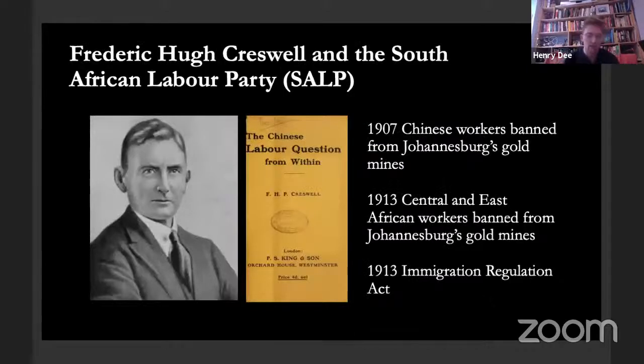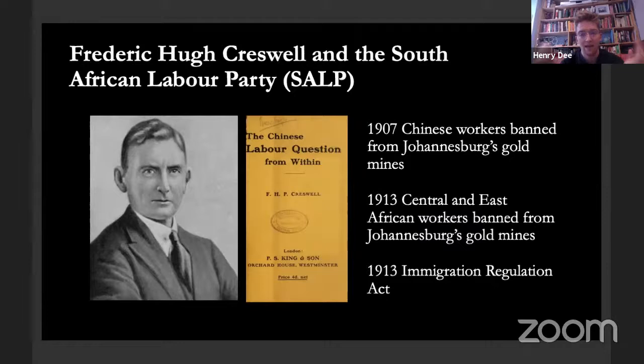In particular, this is pushed by the South African Labour Party and this guy here, Frederick Hugh Creswell. He comes to prominence in 1907 when he runs a successful campaign to ban Chinese workers from the gold mines. And he goes on to push for immigration restrictions in 1913, most notably the 1913 Immigration Regulation Act, which is used to ban Central and East African workers from South Africa.